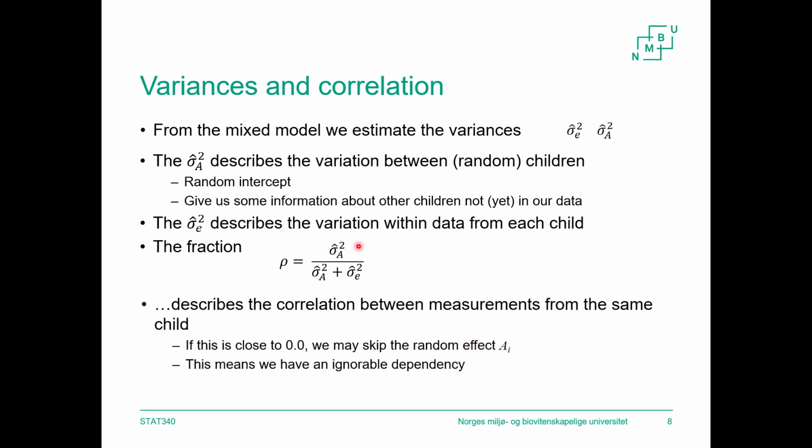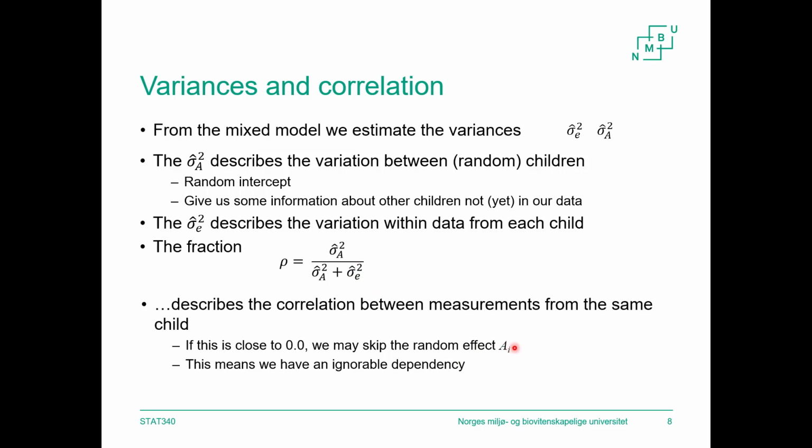So this is how this random effect of child, in this case, can reveal the dependency in our data. If we fit the model, assuming there is a random effect of child, you get an estimate for this one, you get an estimate for this one, and you compare these two, actually by computing this fraction here, and if this is close to 1, then you know that this random effect was important.